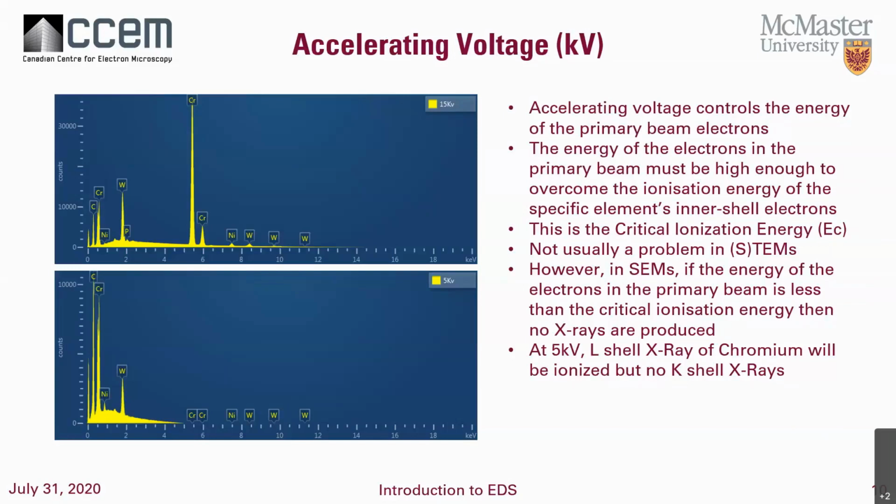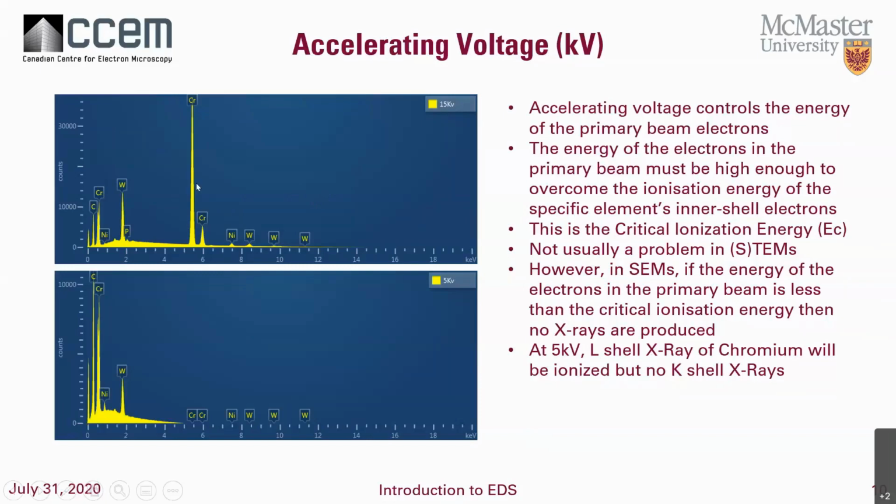So this is the critical ionization energy. Now, because of the kVs that TEMs are set to, this usually isn't a problem for them. So it's mainly a concern in SEMs, or if you're doing TEM in the SEM. So if we don't achieve the critical ionization energy, you don't get any X-rays produced, or if you don't have enough energy above this value, you may not get a large number of them.